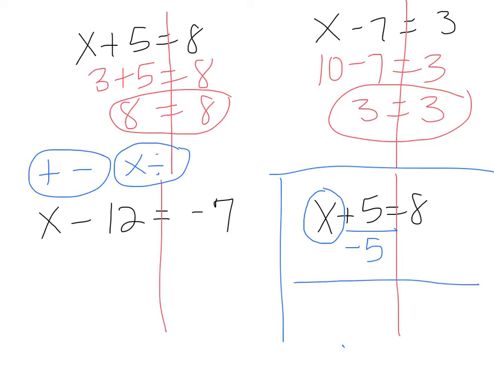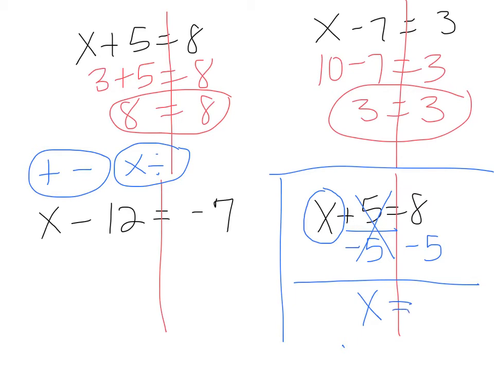Now, we learn in math that when you do something to one side, you have to do it to the other side. So if I subtract 5 from the left, I need to do the exact same thing on the right. If you look, I put minus 5 on both sides of my equal sign. That's why I draw the line there, so I keep myself organized. Positive 5 and negative 5 cancel each other out, and on the left I'm just left with x.